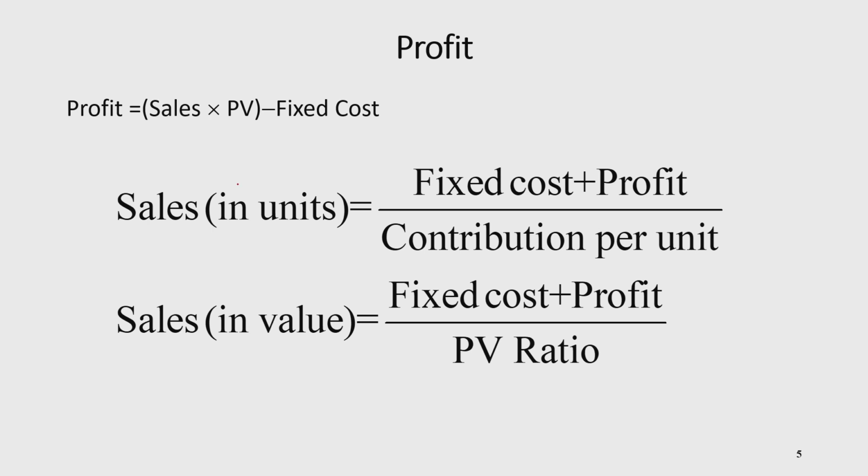From that formula you can derive that fixed cost plus profit divided by contribution per unit gives that much unit.